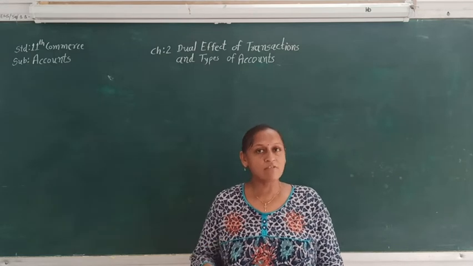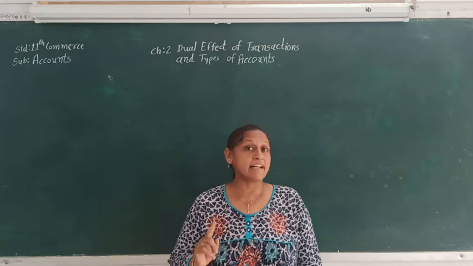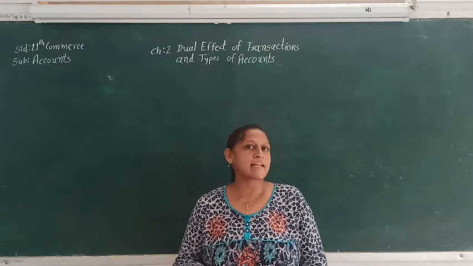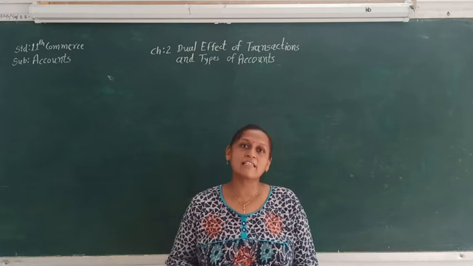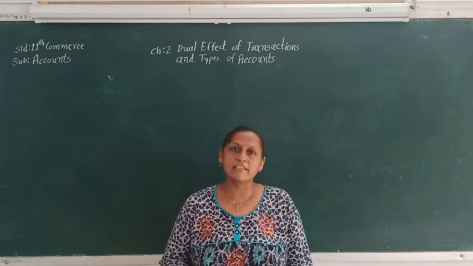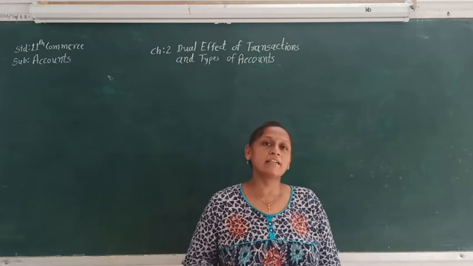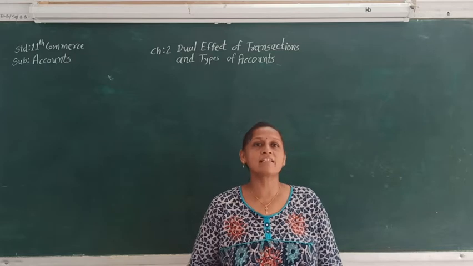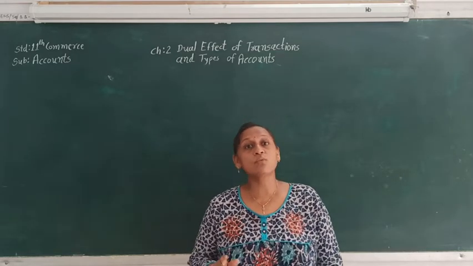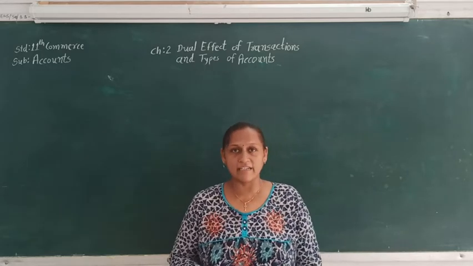In that we have seen that the very first thing we have to check is that the transaction has been done in the business. Once the transaction has been done, we have to check whether it is an economic transaction or a non-economic transaction. Once it is clear that the transaction is an economic transaction and of the business, then we have to again classify it into cash transaction or credit transaction.